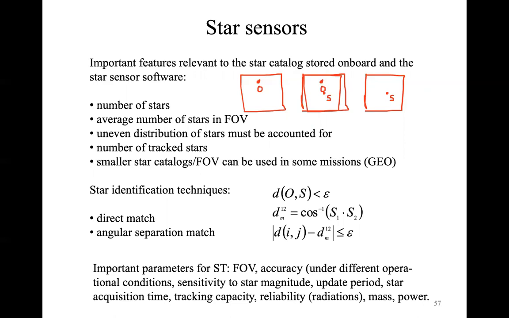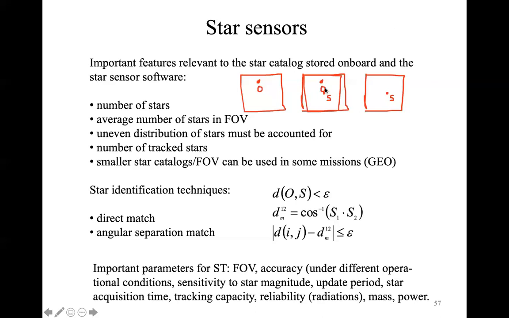So that would induce significant errors because you are using two different stars to identify the position of the spacecraft.